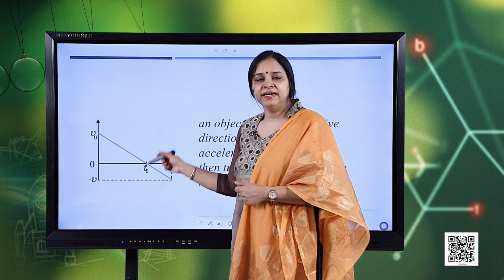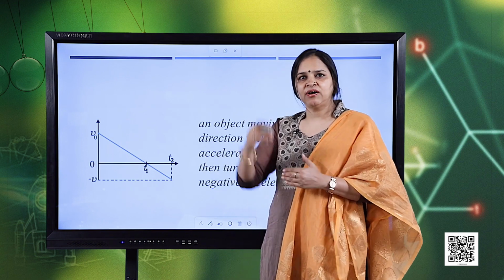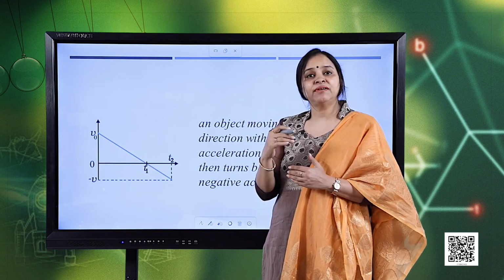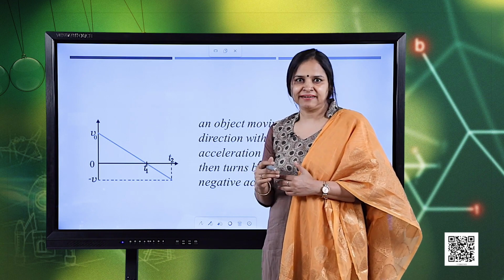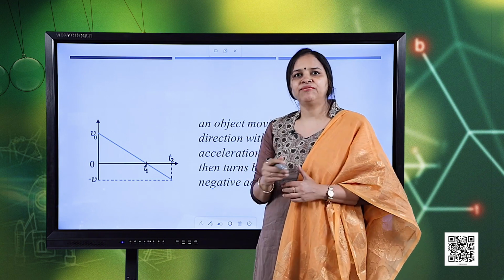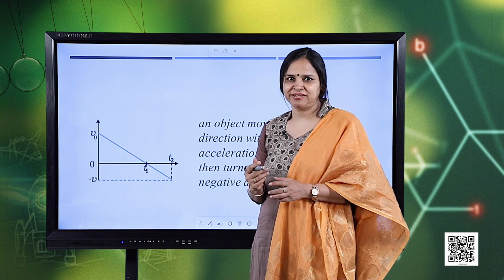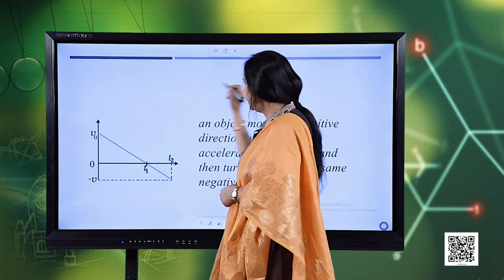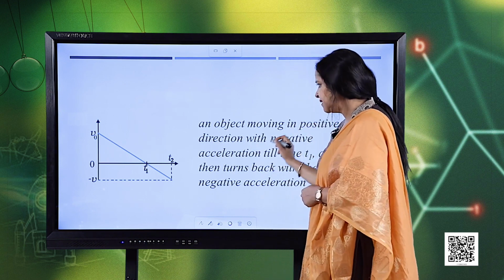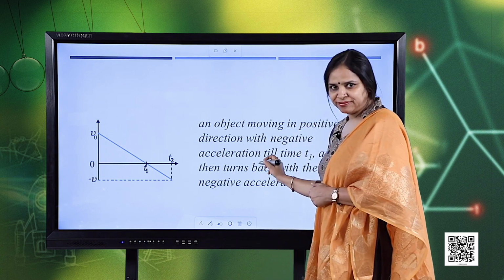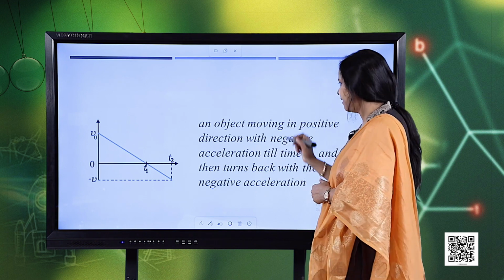What does it mean? It is only possible if the velocity is decreasing. If its magnitude is decreasing, it is a case of deceleration. Initially the velocity is positive, but the acceleration is negative, that is in the opposite direction.